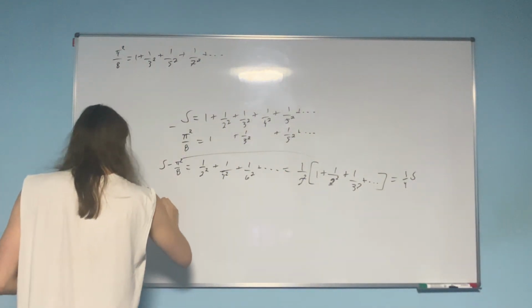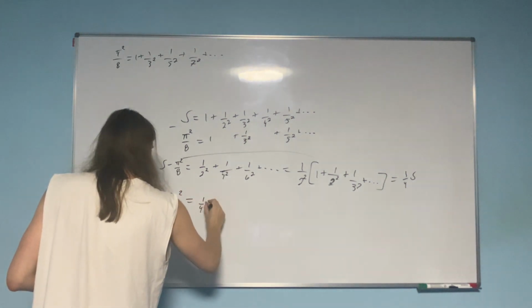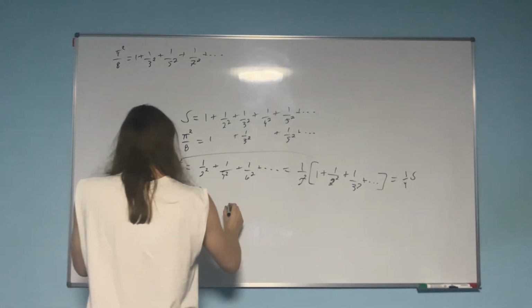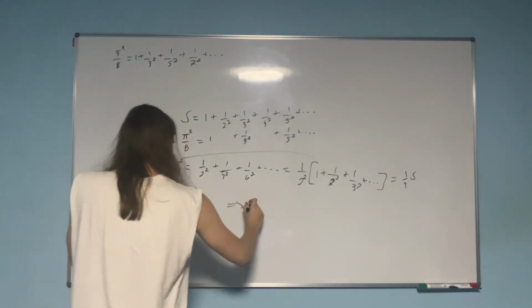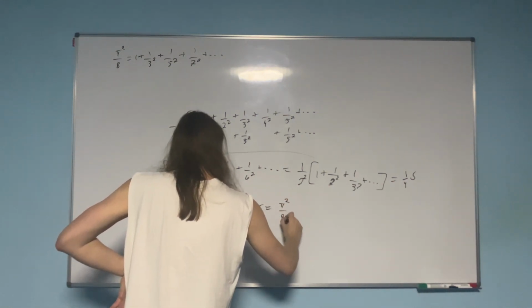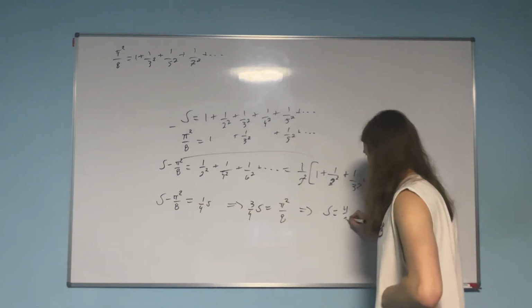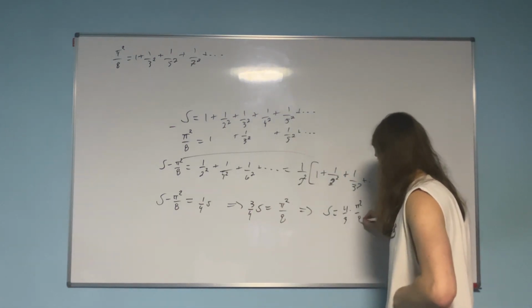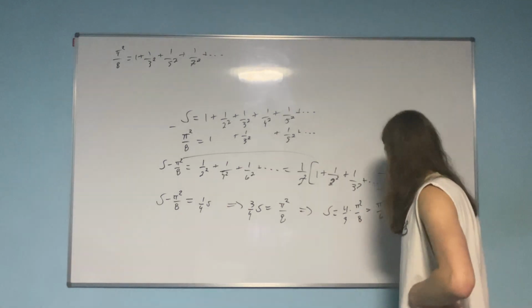So we have S minus pi squared over 8 equals 1 over 4 S, or 3/4 S is pi squared over 8, or S is 4 over 3 times pi squared over 8, which is indeed just pi squared over 6, and yeah, we're done.